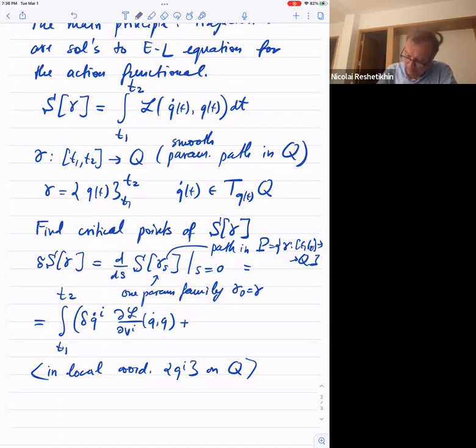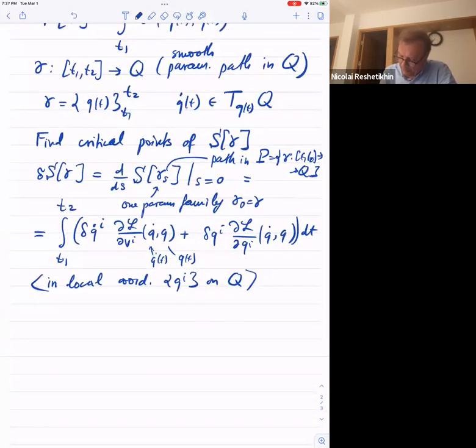Strictly speaking, this is q dot of t and q of t, but I'll skip these notations to move faster. This is the variation where delta q^i of t is simply ∂/∂s of q^i(t, s) at s equals 0. This is the tangent vector in the space of paths.